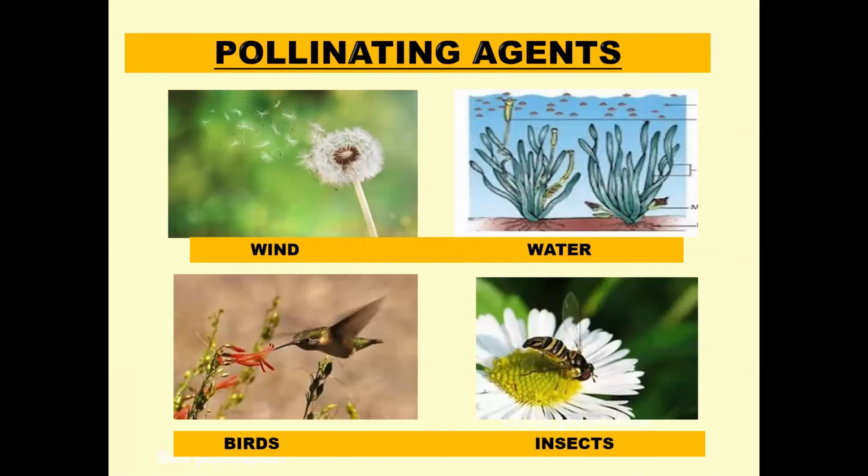Whenever pollination occurs by insects or birds, in that case, petals are very beautiful, attractive, full of nectar, and have sweet fragrance, so that they can attract insects and birds. And when insects or birds do the pollination, in turn they are provided nectar.